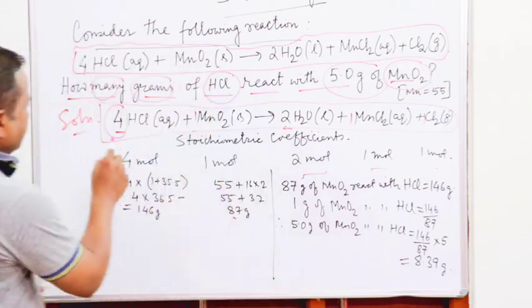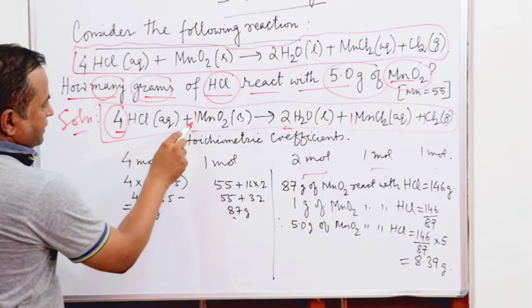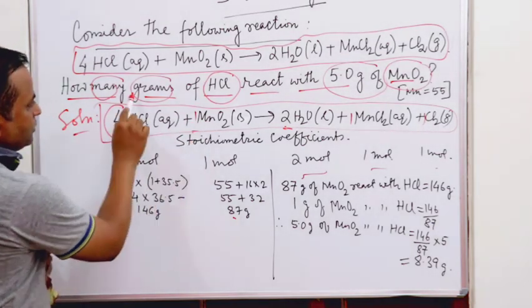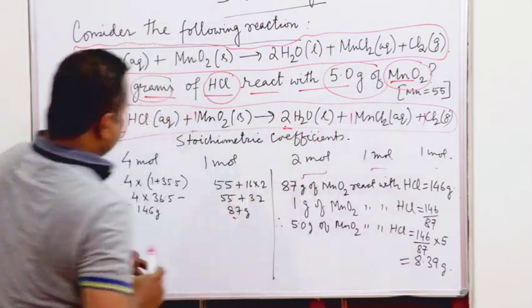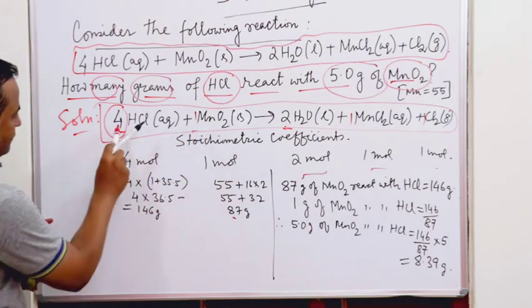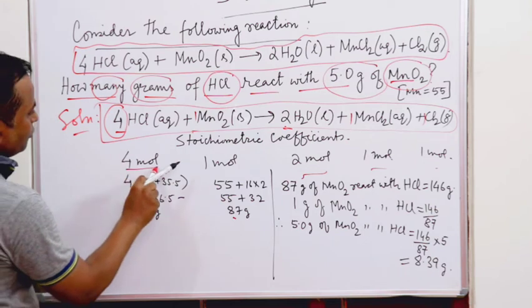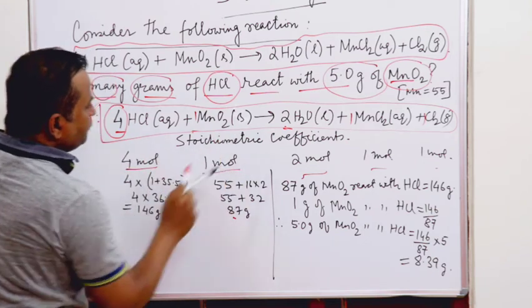So we see here in HCl the stoichiometric coefficient is 4, in MnO2 it is 1. I am focusing only on HCl and MnO2 because in the question it is asked to focus on HCl and MnO2. So from the stoichiometry, the number 4 is the stoichiometric coefficient, meaning 4 mole of HCl react with 1 mole of MnO2.